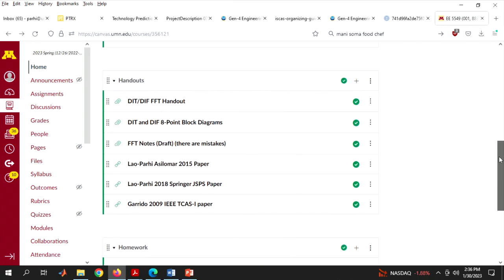Since I'm teaching something that is not in the book, there is this so-called FFT notes draft, and there are mistakes, and I have not proofread this. This was written by TA. I haven't even read it. TA was basically compiling my notes, and I was just browsing through before the class, and I found several mistakes. But you should be able to catch them. It's better to have something than nothing, so this could still be a very good resource for you to read.